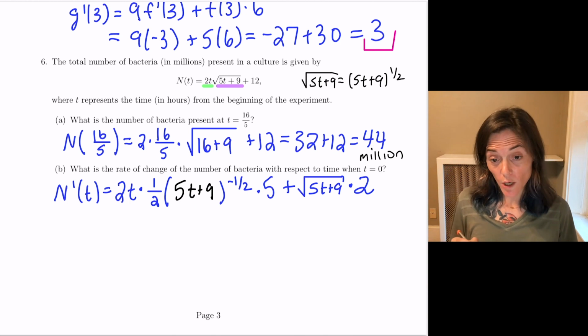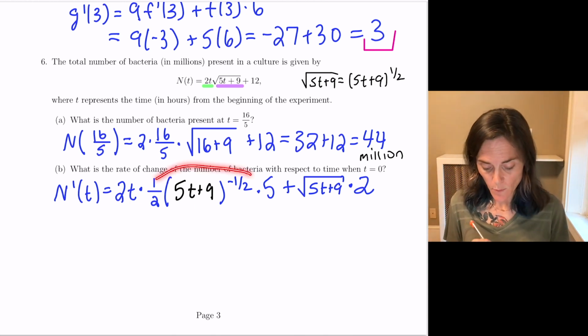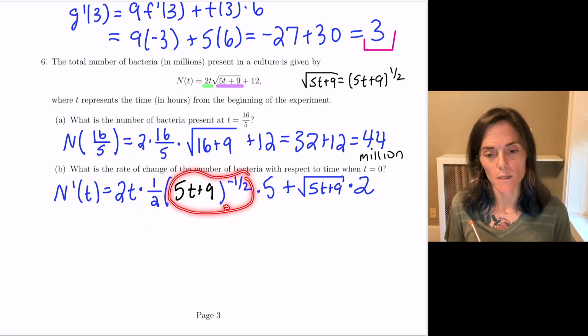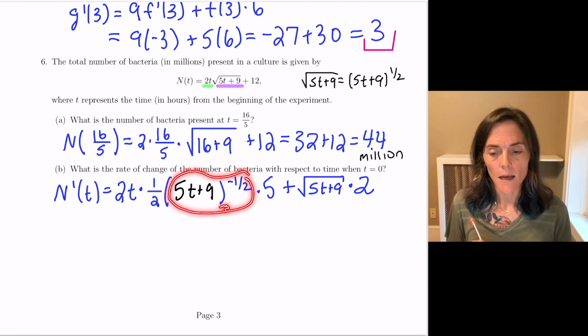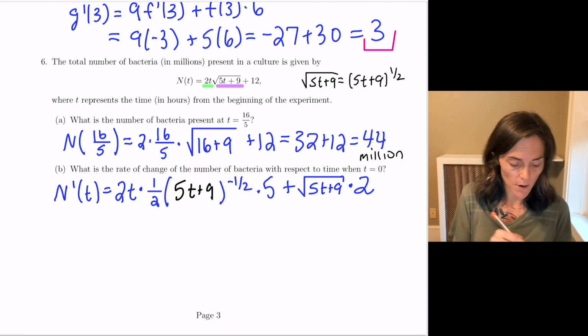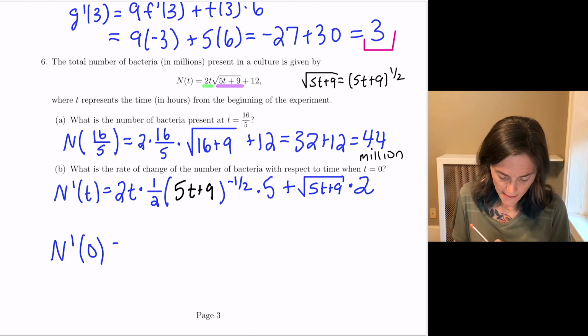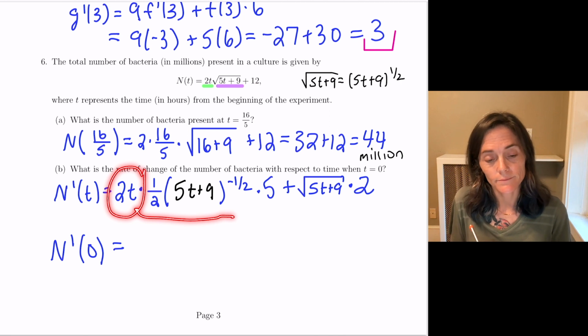Now, we could, in fact, in the solutions I have posted in Canvas, I think I did, move this part into the denominator with a square root. Perfectly fine. But if we look at the question and what we actually need to do, I just need the derivative at t equals 0. And I can do that without actually simplifying here. So at 0, you notice I have 2 times 0 times something.